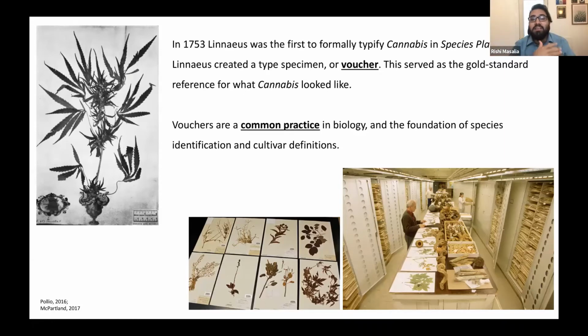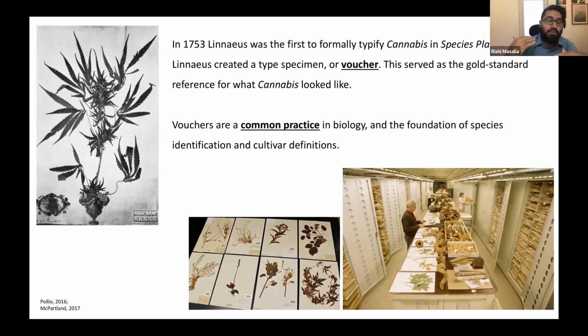He pressed it and put it in his very famous book, The Species Plantarum. This actual specimen is on display, I think at the British Museum in London. The reason Linnaeus is important is he created what are called type specimens, or vouchers. These are essentially gold standard references for what any plant looks like.